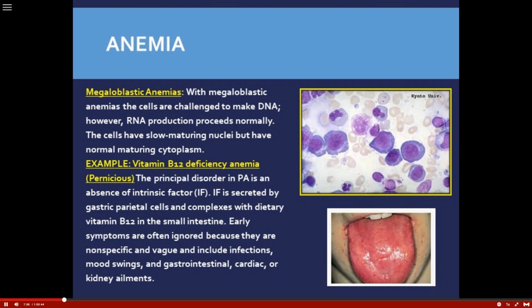But what ends up happening is the cells have slow maturing nuclei, that's just what I said, but have normal cytoplasm. Therefore, megaloblastic, megal means huge, large. Therefore, those nuclei become larger. They become mature enough, but do not become mature enough to actually have cell division.